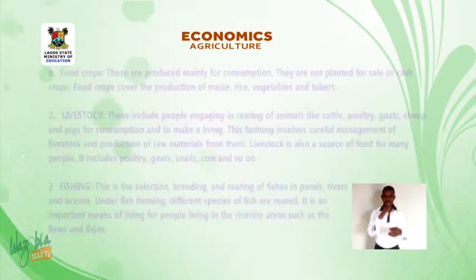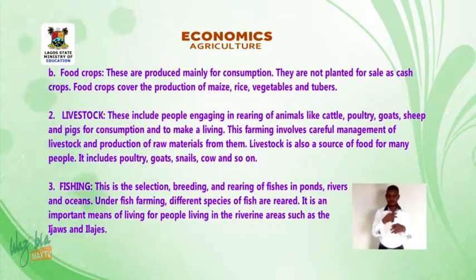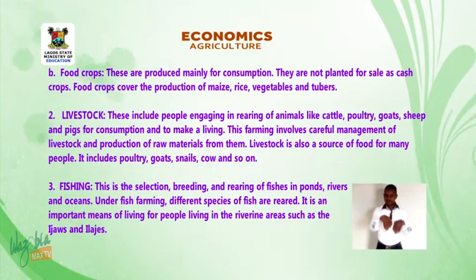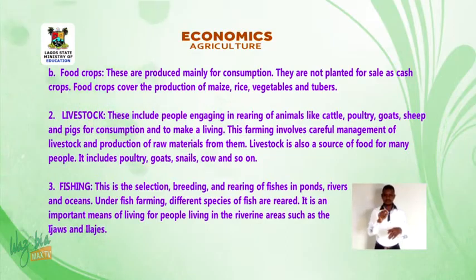B. Food crops. These are produced mainly for consumption. They are not planted for sale as cash crops. Food crops cover the production of maize, rice, vegetables, and tubers.